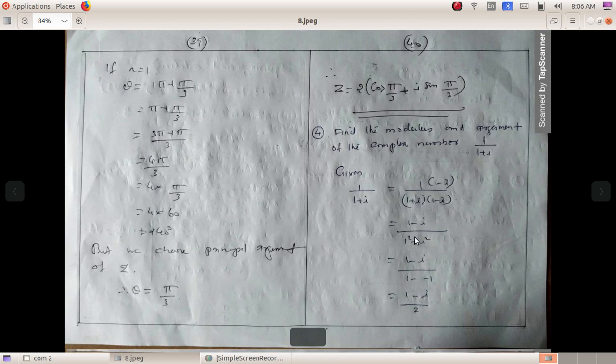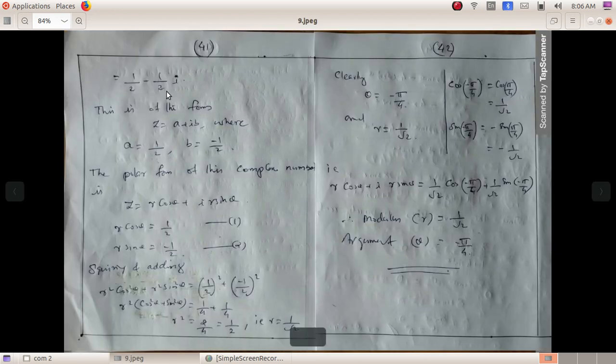Okay, right, like this. So we got these steps. Then r cos theta is equal to what? 1 by 2. r sin theta is equal to what? Minus 1 by 2. Right. Then squaring and adding, you got r is equal to 1 by root 2.